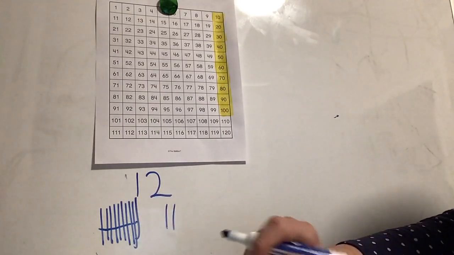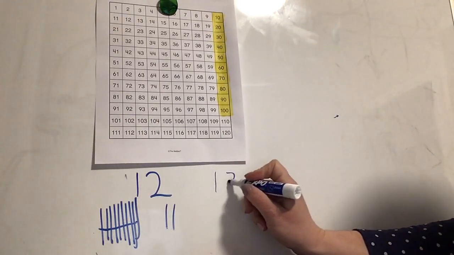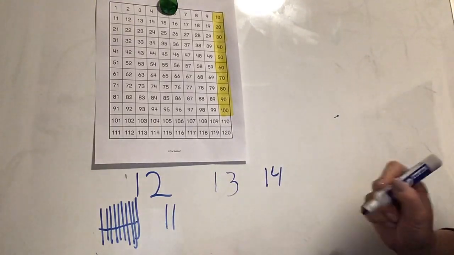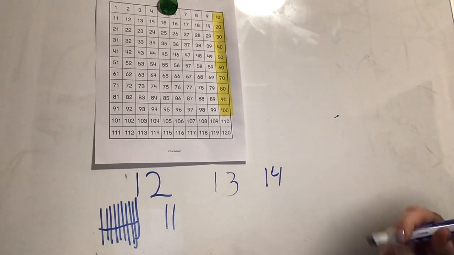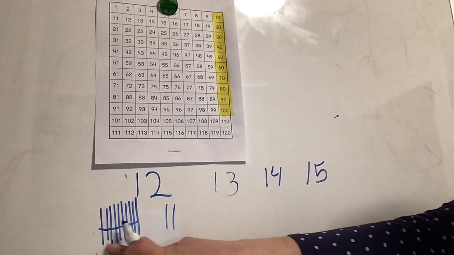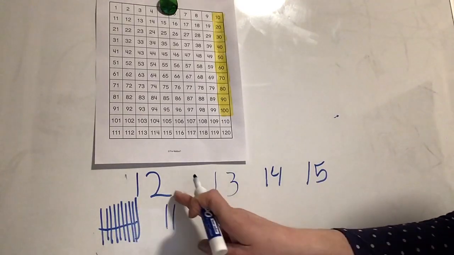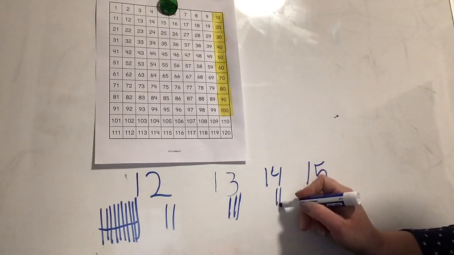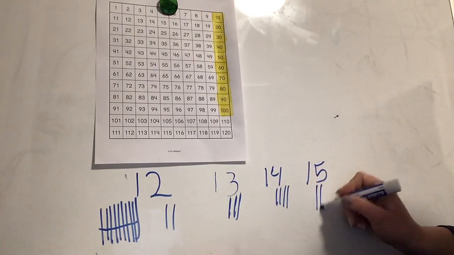What is one more than 12? 13, that's correct. What is one more than 13? 14, that is right. You guys are so smart. What is one more than 14? 15, that's correct. So I will still have one bundle of 10, but what's going to change is my ones pocket. I'm going to be adding straws each day. Very good.